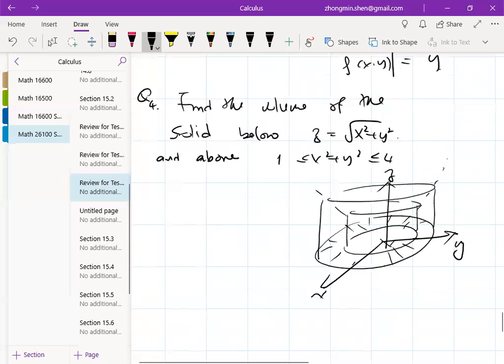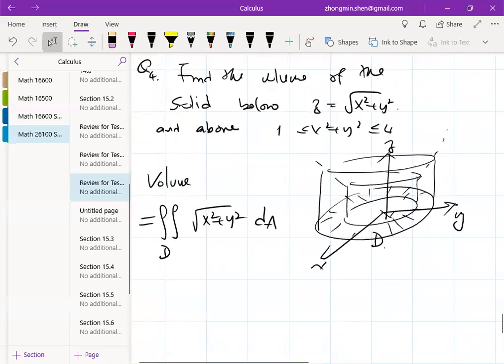So how do you do that? This is a domain D, right? The ring, the domain D. So the volume is just going to be the double integral over D of the function for the graph, square root of x squared plus y squared dA. The volume is just the triple integral of the constant one.